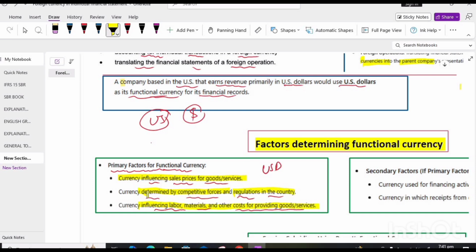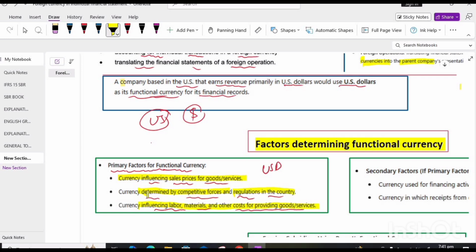That will indicate your functional currency.